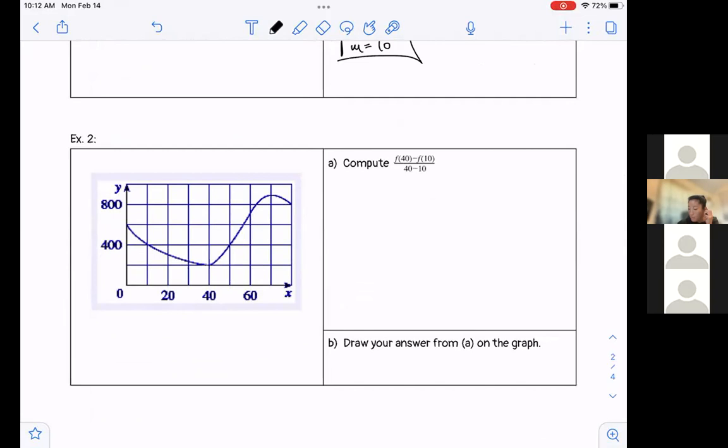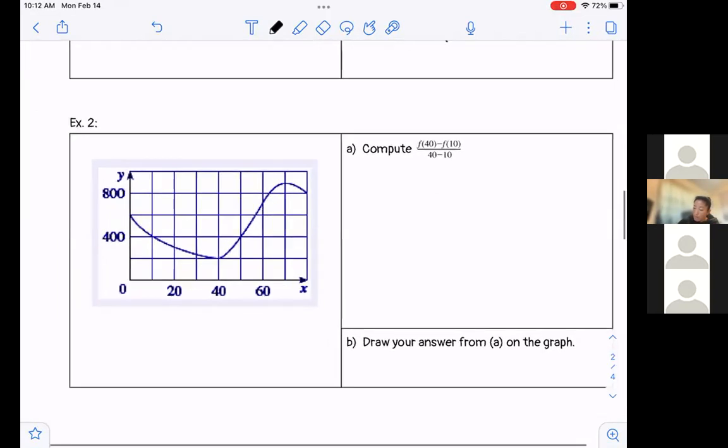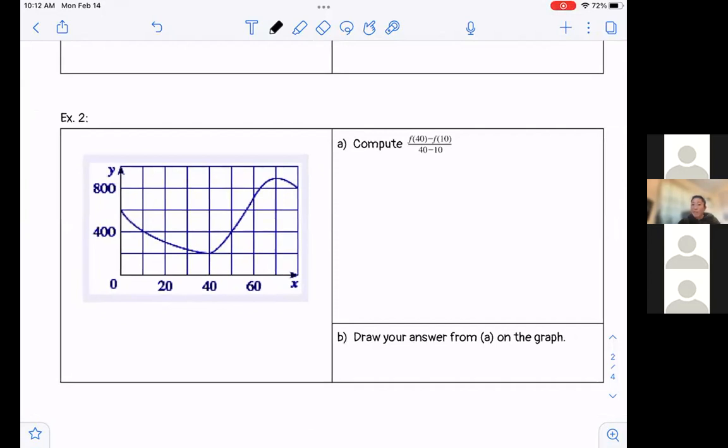Then we'll put some work up on the screen together and think about what that picture is going to look like. Take a moment, see if you can figure out part A, how do we compute that? And then part B, maybe the more important part actually, how do we draw that?